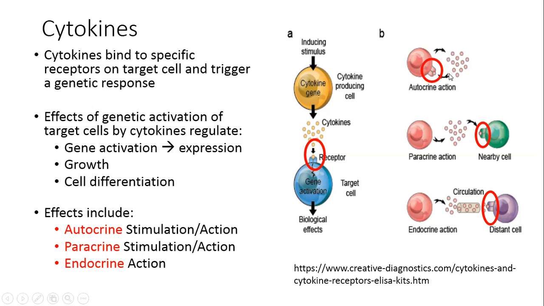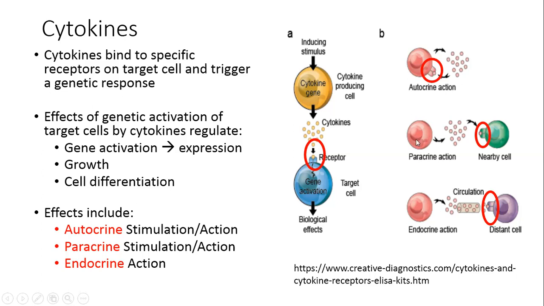We call this action of cytokine release and triggering of the target cell an autocrine reaction. In this case, the cytokine producing cell and the target cell are one and the same. So that autocrine reaction is just referring to a cell that can release cytokines that influence itself to do other things.